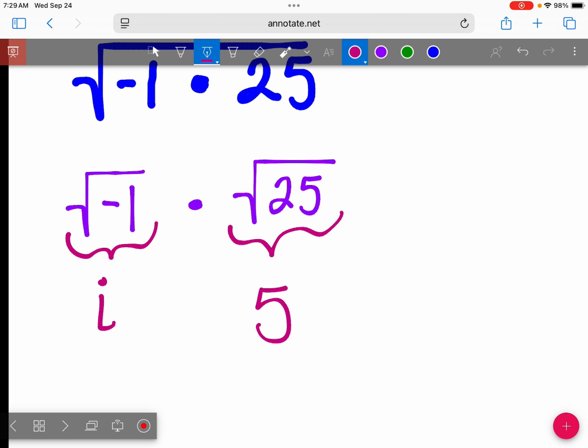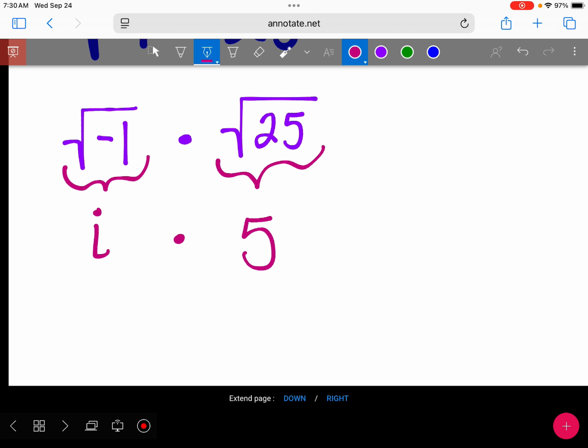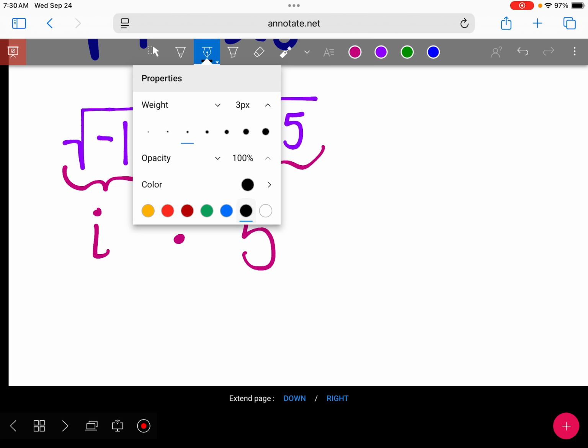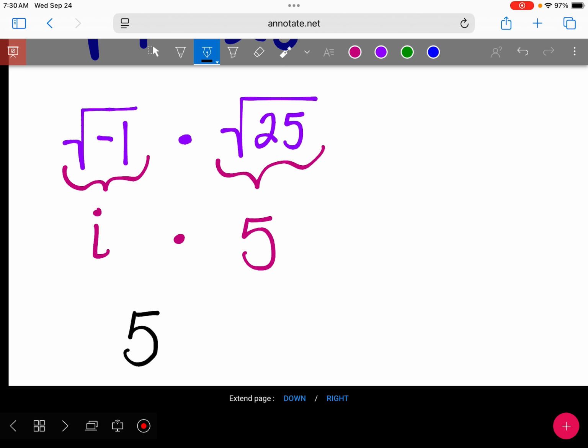I always throw a little hook on my i just so it doesn't look like a 1, but it genuinely doesn't matter. So we wind up with i times 5, which is kind of like x times 2, which is not wrong. It's just kind of like Yoda speak. So our final answer here is going to be 5i.